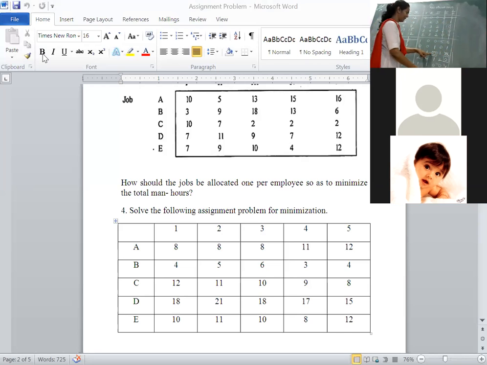Mark it with a square. In this particular column, if any other zero is found, you have to cancel it out. Once you have cancelled, the first row is having a single zero, the fifth row is having a single zero. I have considered your fifth row single zero. In this particular column, if any other zero is found, you have to cancel it out.